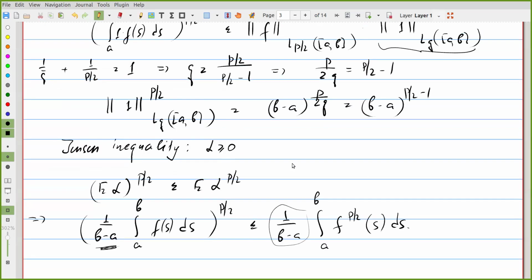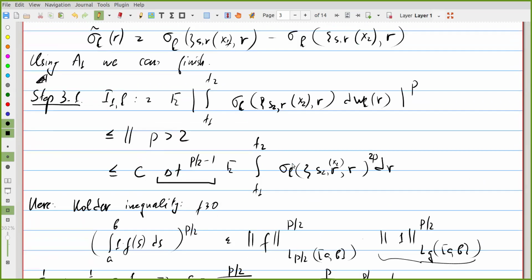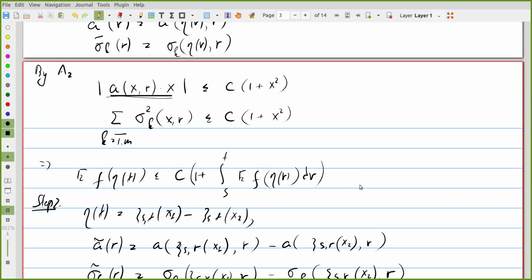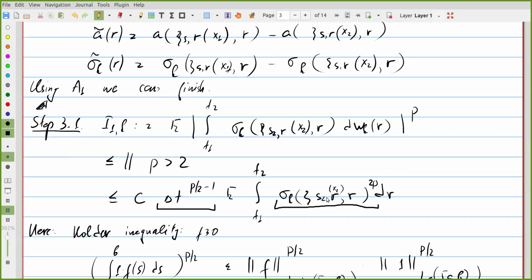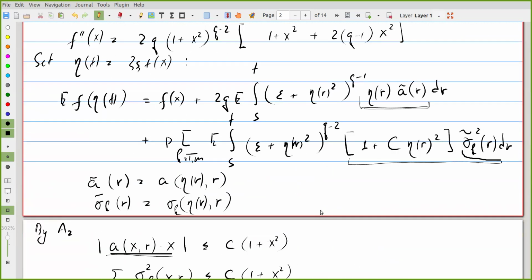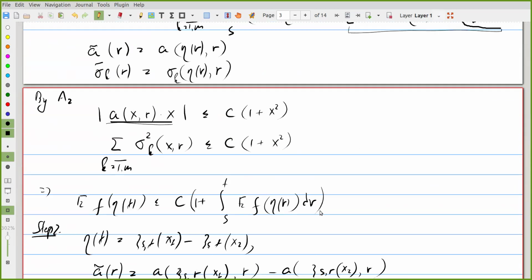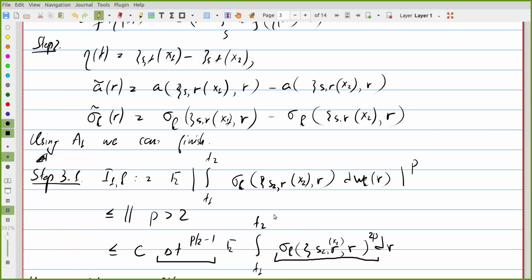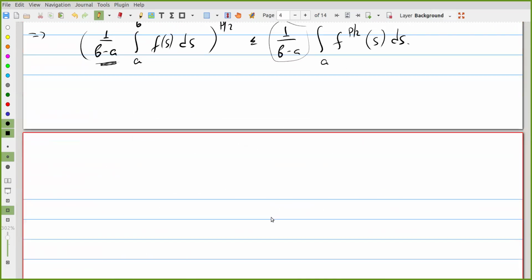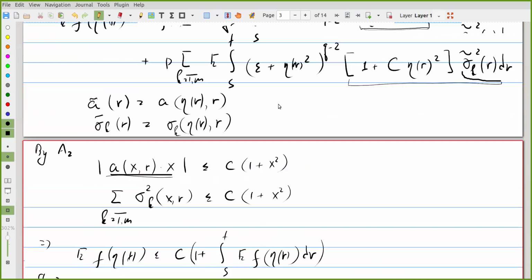But this now can be estimated in terms of psi by A2 and so on. And we have the estimate for the solution of the stochastic differential equation from previous lectures. I'm not going to write all the details because it is just too lengthy. For A2, let us see what A2 we had.